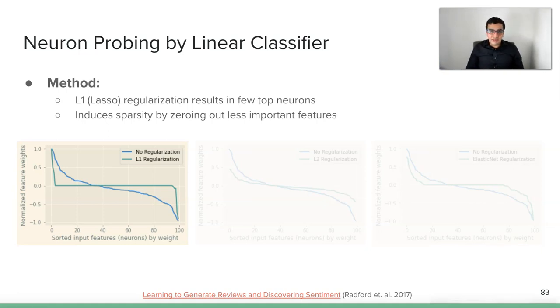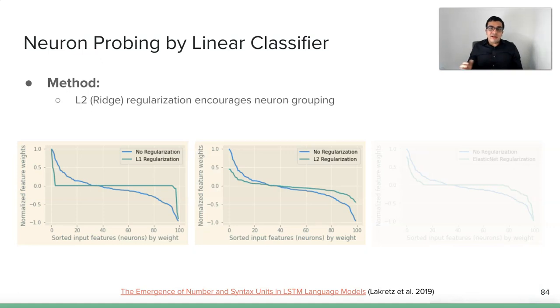This can also be seen in the figure on these slides. The lines represent the classifier weights of all neurons, with the highest neuron weight in the beginning and the lowest neuron weight towards the end. The green line, which is the lasso regularization in this case, quickly goes to 0, with very few neurons having some non-zero weight.